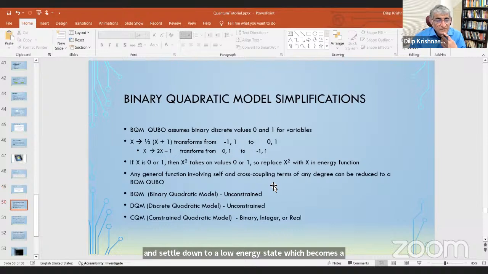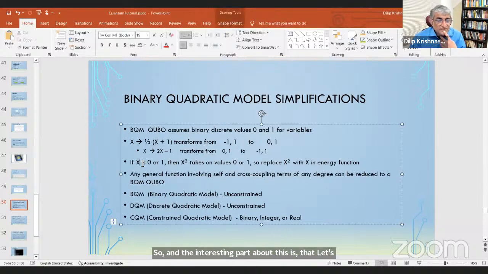The interesting part about this is that let's say this variable can be 0 or 1, then x squared will take on value 0 or 1. So you can replace x squared with x in the energy function. x cubed will also take on values between 0 and 1.